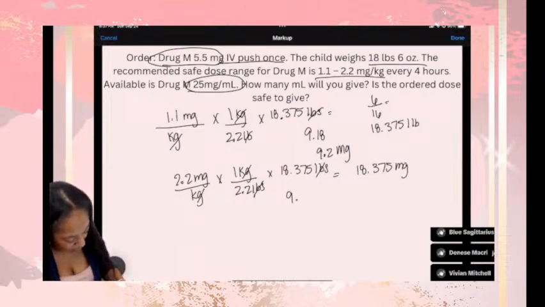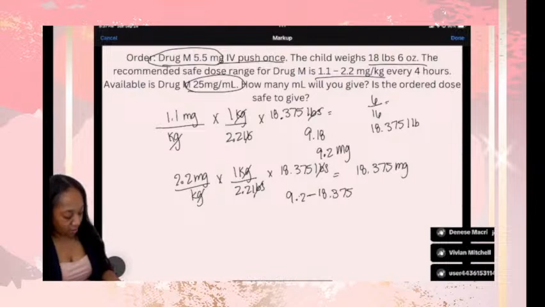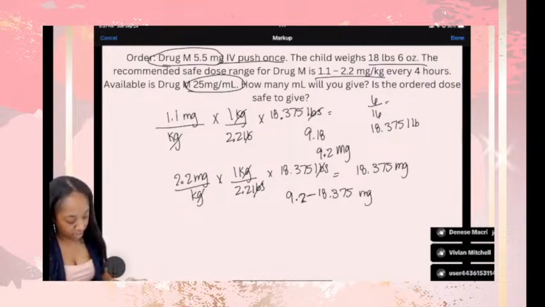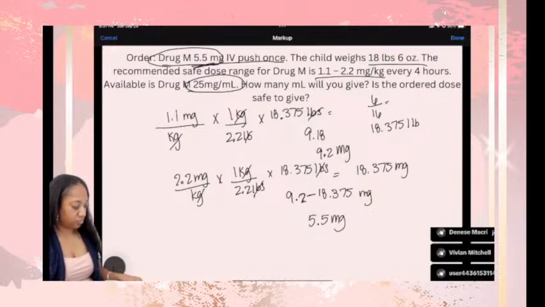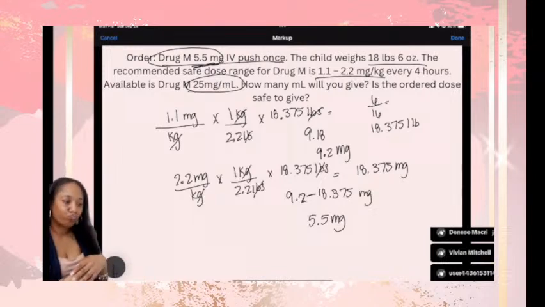All right, so your safe dose range is this. So they can have as little as 9.2 and as much as 18.375. So what has been ordered is 5.5. Is this a safe dose? Let me know in the comments if you think this is a safe dose or not.